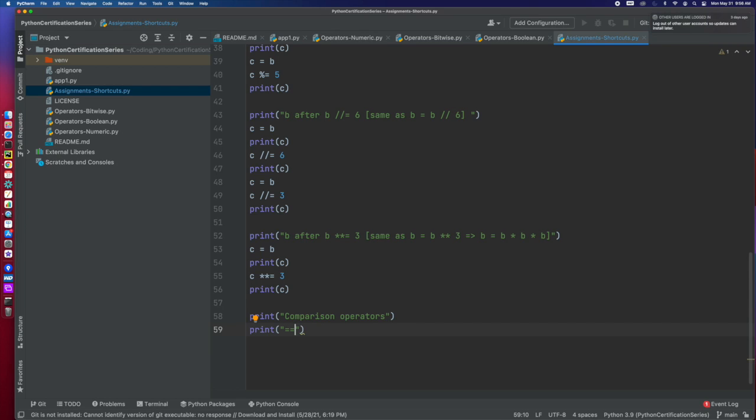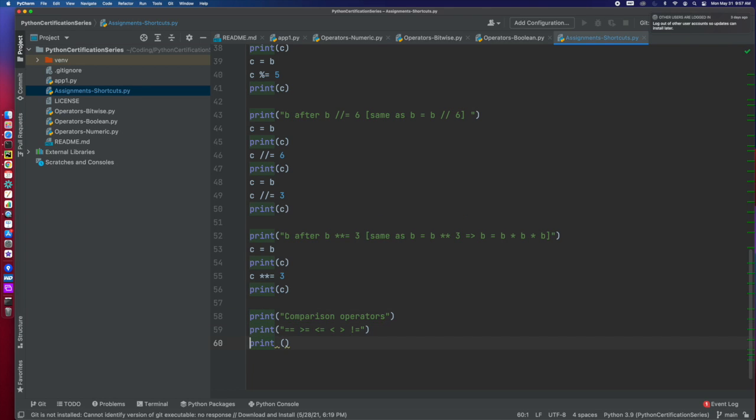So we've got equals, we've got greater than equals, we've got less than equals, we have less than, we have greater than, and those are, let's see, 1, 2, 3, 4, and we also have not equals. So we have not equals, I'm sorry, I'm looking at my list real quick to make sure I've got them all. Yes, we've got equals, not equals, greater than equals, less than equals. Those are our comparisons.